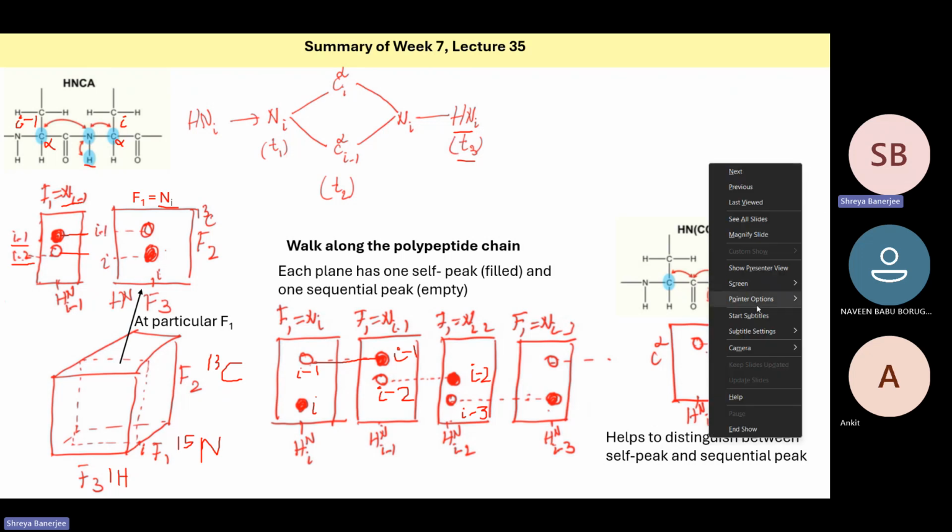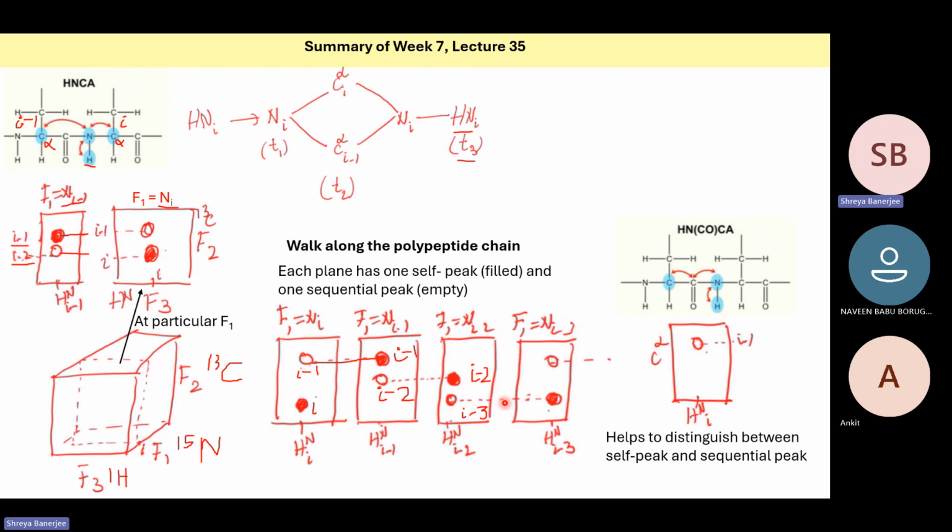And how can you distinguish which is the self peak and which is the sequential peak? Basically, the HNCOCA experiment helps in doing that. It is like HNCA, but in HNCA, from the nitrogen, it is directly getting transferred to C alpha on both sides.